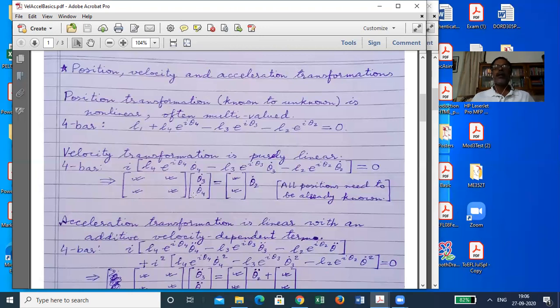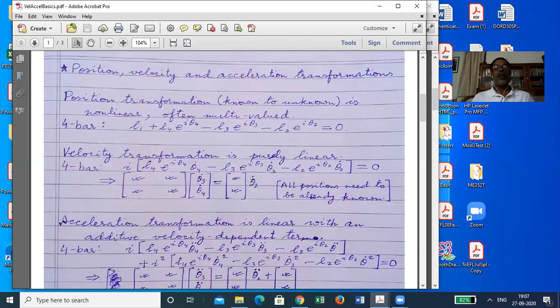Finding the coefficients of theta 4 dot, you fill this column, and similarly from theta 2 dot you fill this column, and whichever is the quantity that is known you can throw that on the right hand side, and the unknown terms come in this manner, and the entire relationship appears in the form of a system of linear equations.